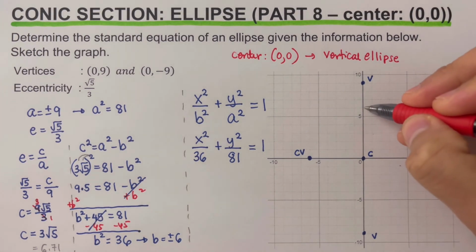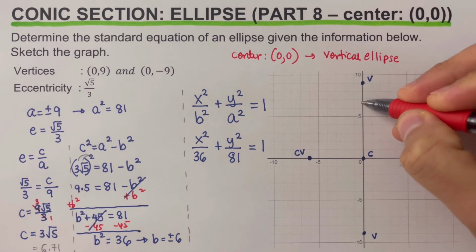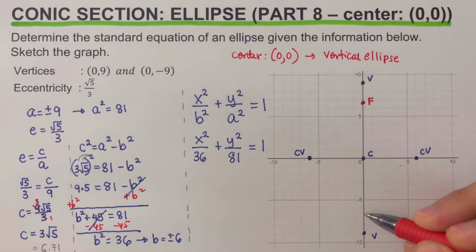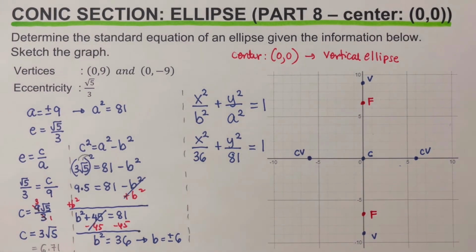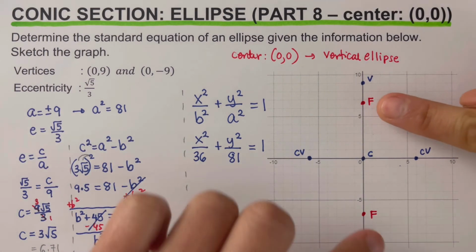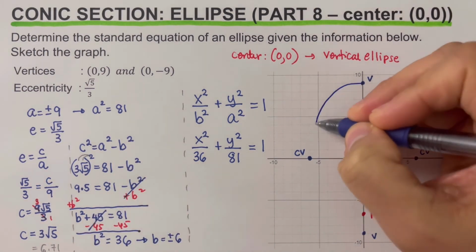That should be somewhere around here. So that's the first focus. The other focus would be 6.71 the other way. That should be the other focus right here. So I go ahead and sketch the graph and write the coordinates of the two co-vertices and the coordinates of the two foci that we have right here.